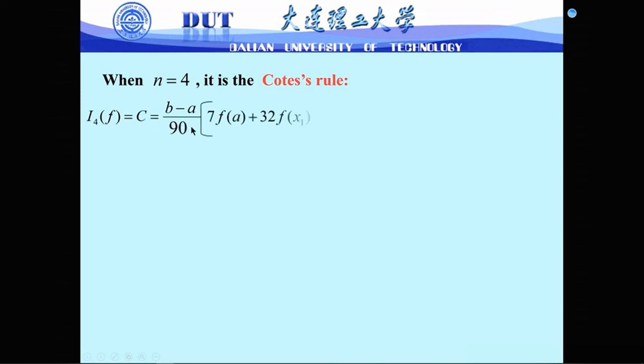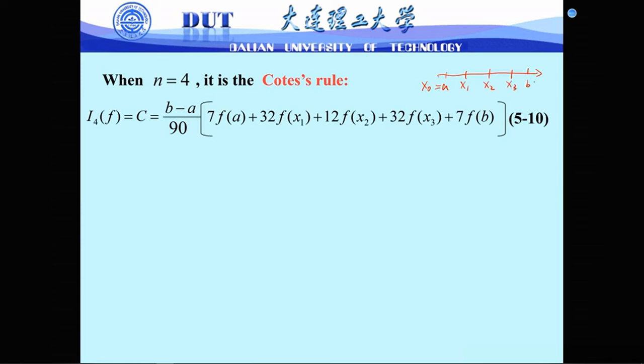I show you the results directly and omit the details. Because we use n equal to 4, that means we use 5 nodes: A, B, the midpoint and the quarter points. So here A equals x0, then x1, x2, x3, and x4. Is it okay?